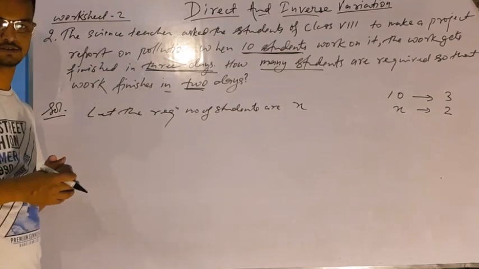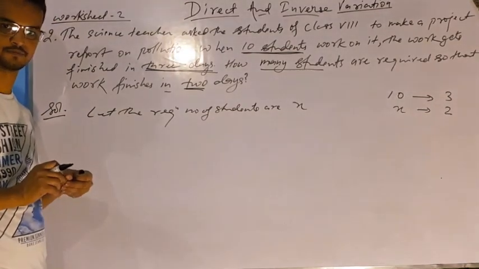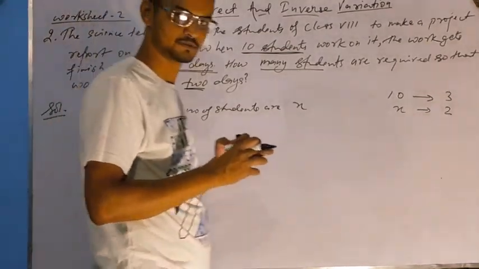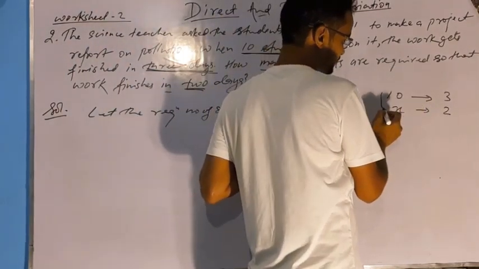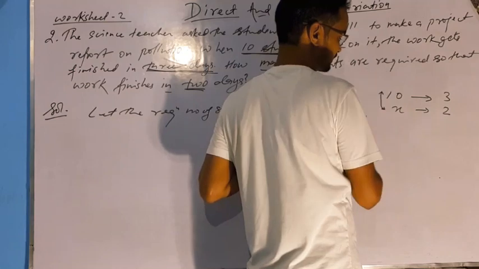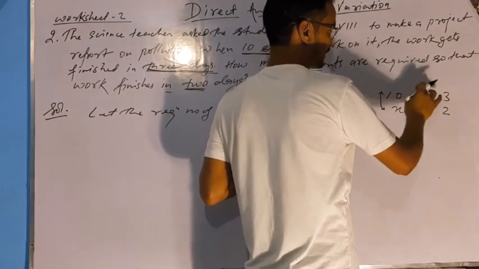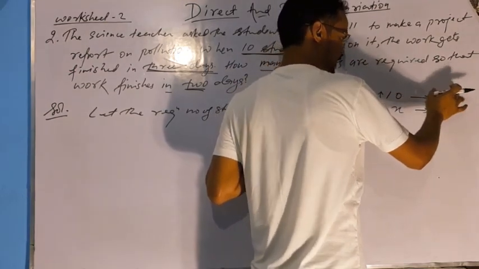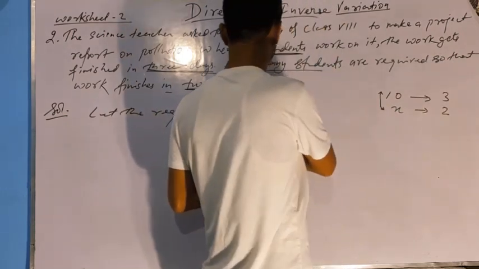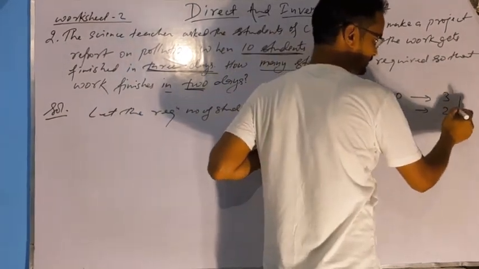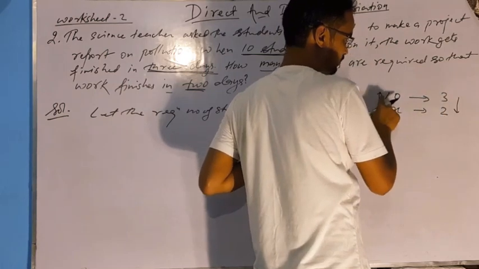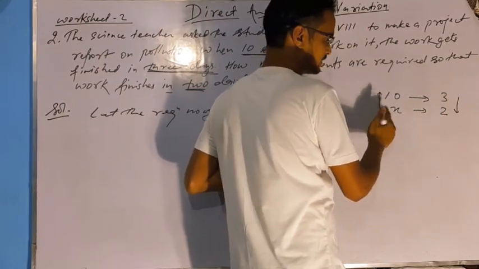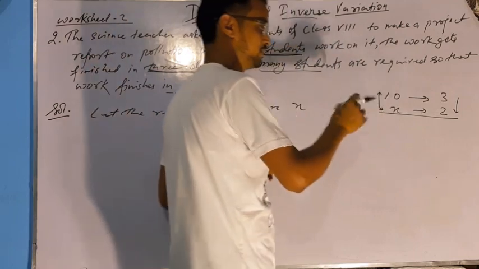Which variation is this, direct or inverse? Observe that when the number of students is changing, it is 10 and x, and when the number of days decreases, the number of students automatically increases, so it is a case of inverse variation.